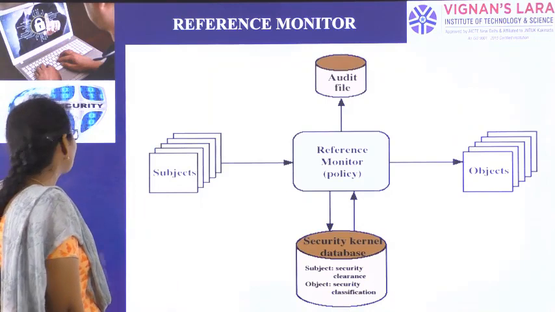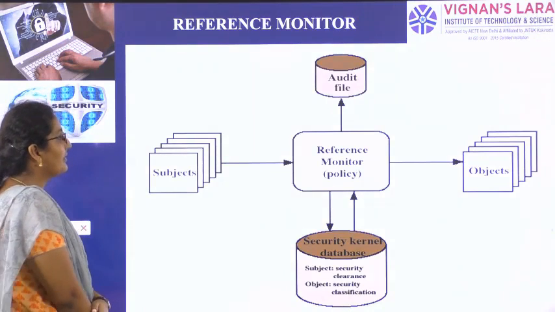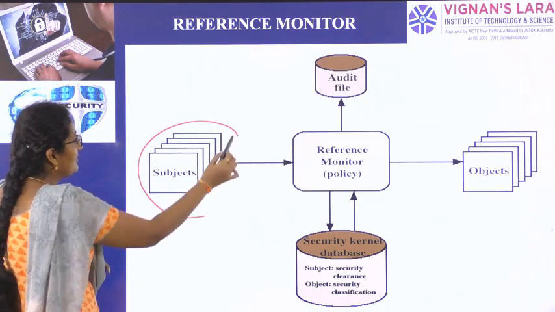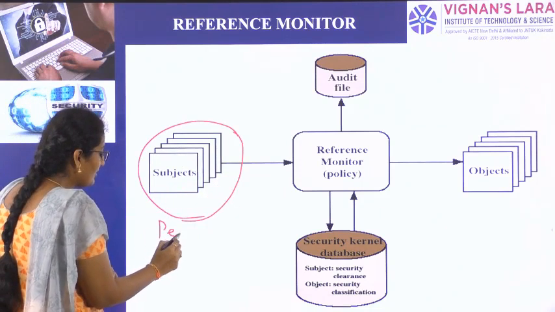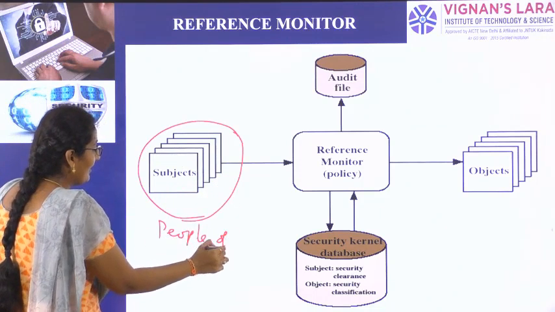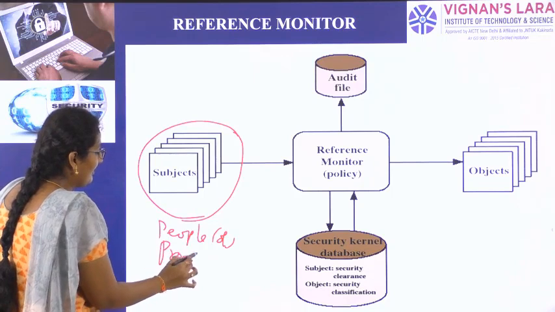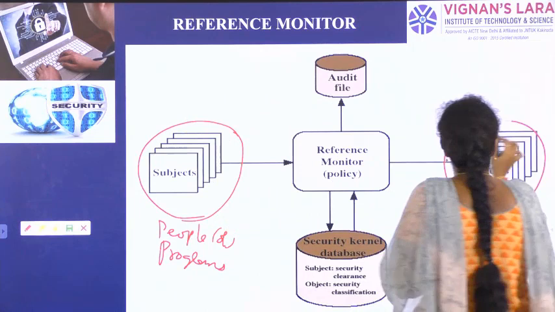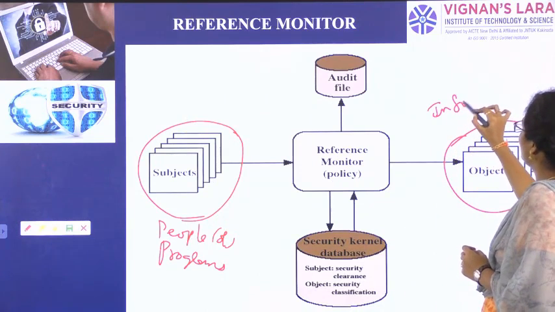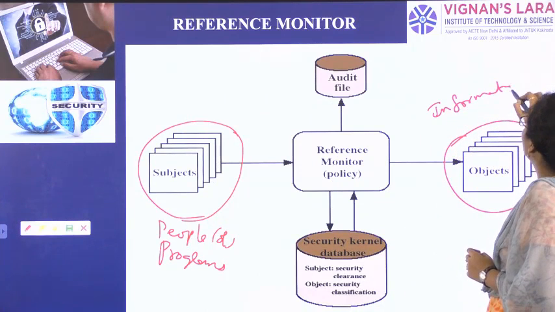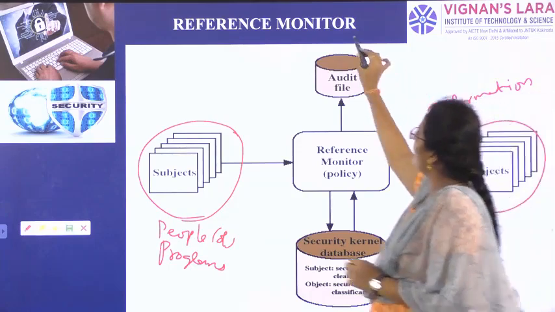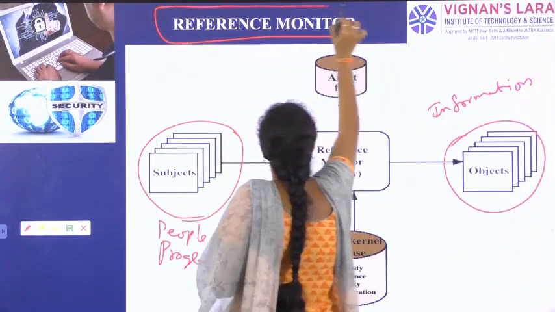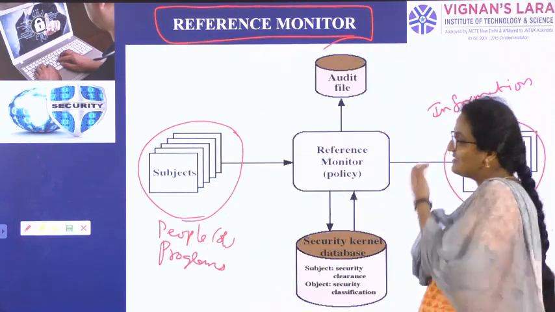And finally, what is the reference model? We have subjects, which are nothing but people or programs. We have objects, which are nothing but information. The reference monitor is one of the trusted systems.